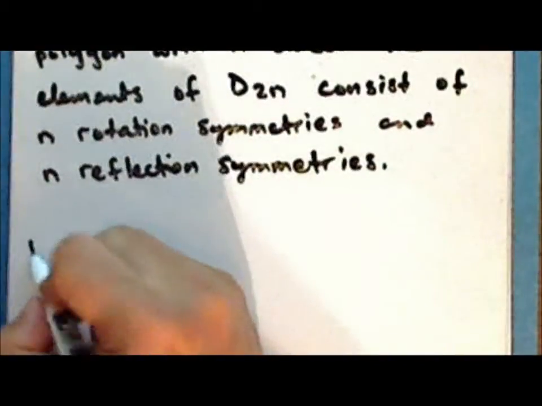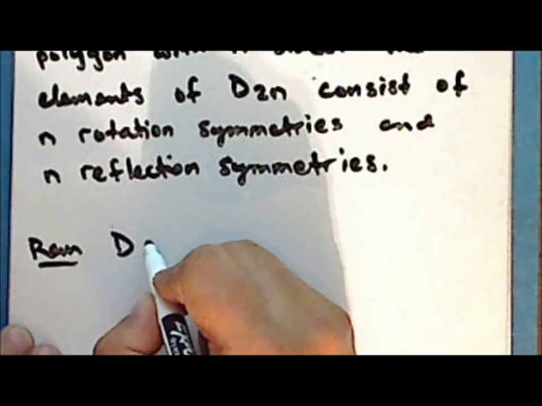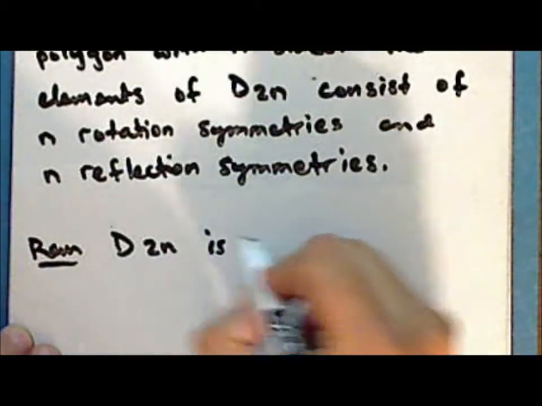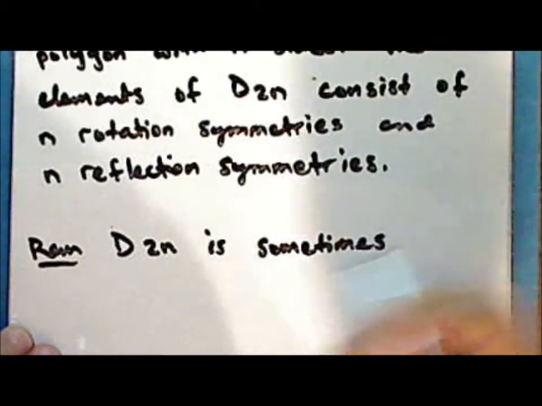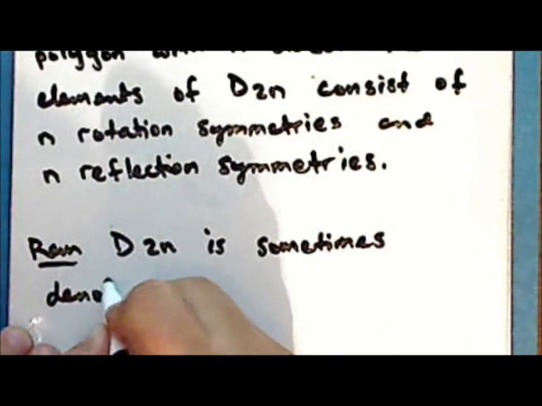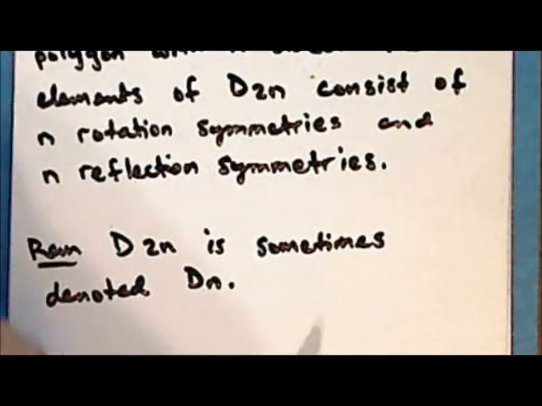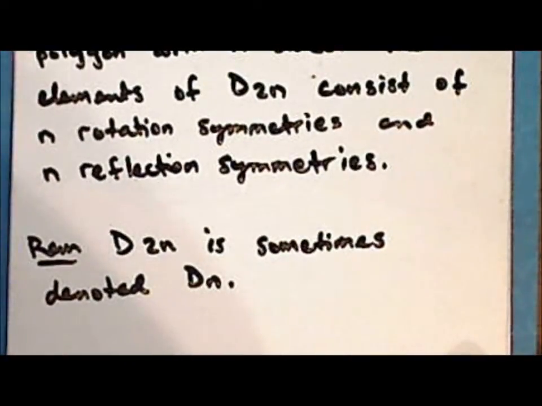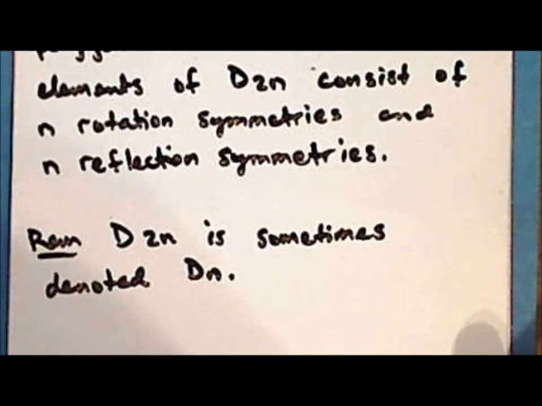Now I need to point out that the dihedral group of order 2n is sometimes denoted D sub n, so be very mindful of which notation is being used when perusing the literature for dihedral groups.